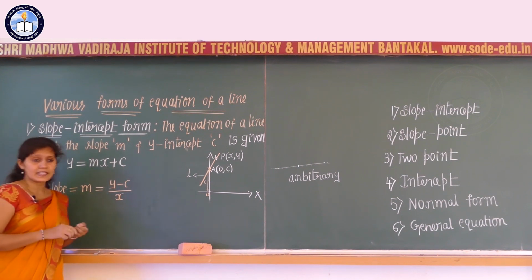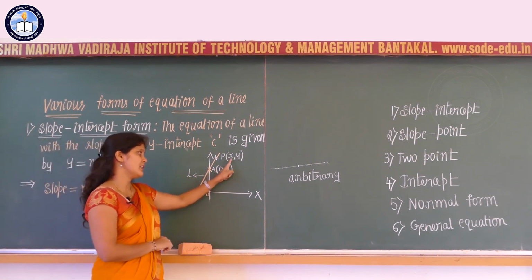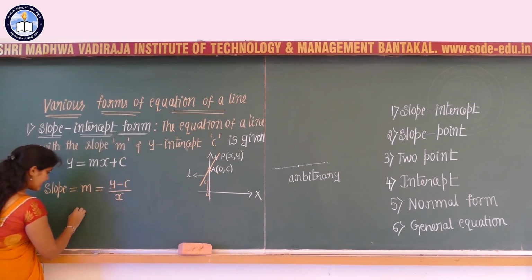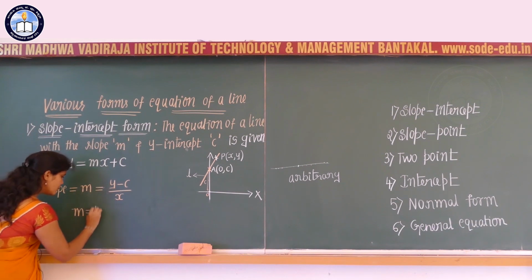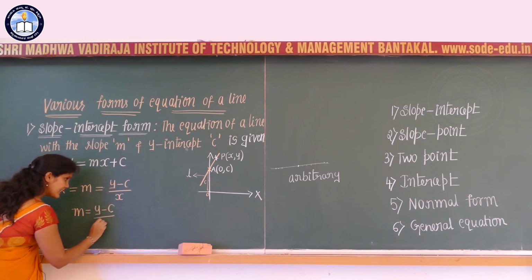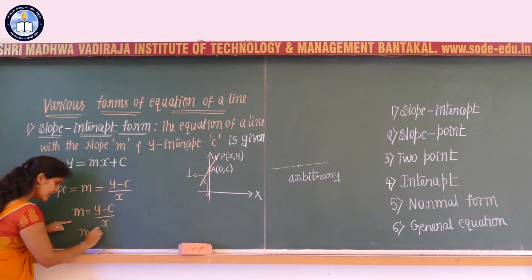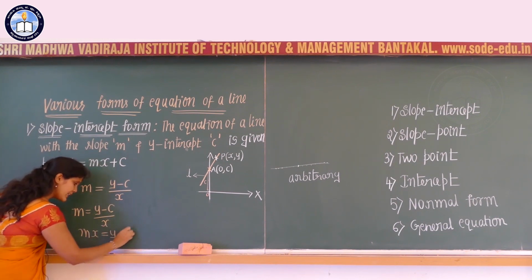The slope of the line is given by y2 minus y1 divided by x2 minus x1. This simplification I can write as m is equal to y minus c divided by x, or m into x, that is mx is equal to y minus c.